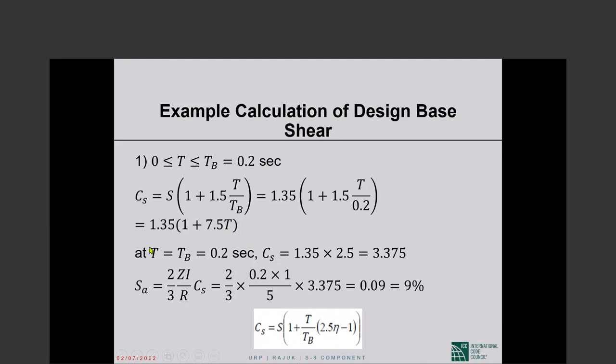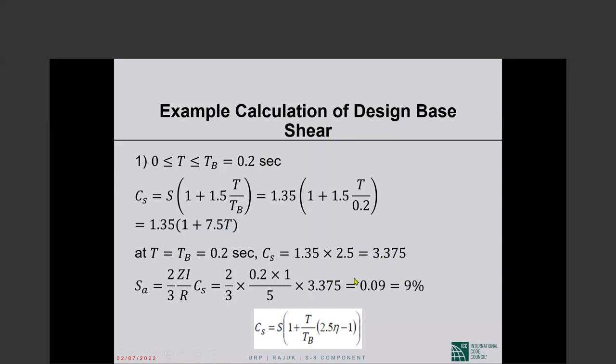At T equal to T sub B, which is 0.2 second, the head of the ramp, C sub S is 1.35 times 1 plus 7.5 times 0.2. 1 plus 7.5 times 0.2 is 2.5, so at T sub B, C sub S comes out to 3.375.